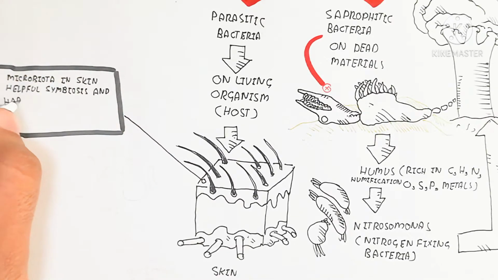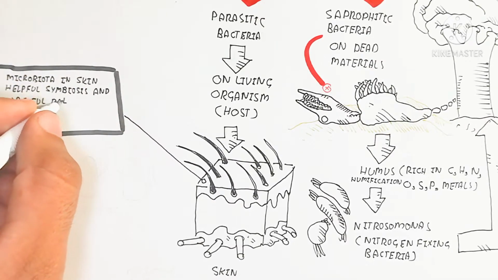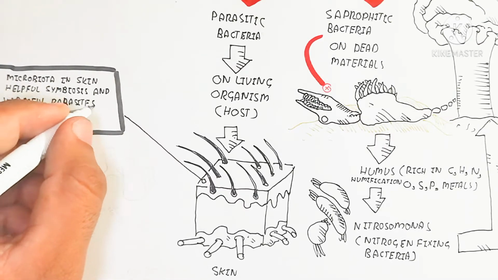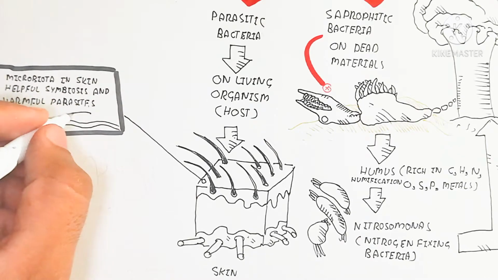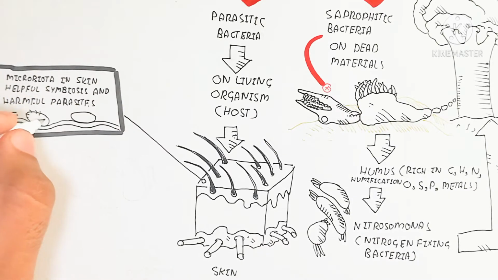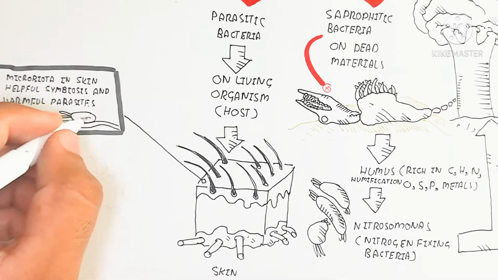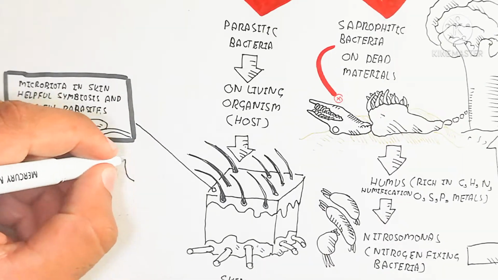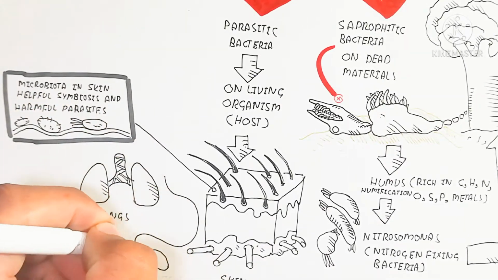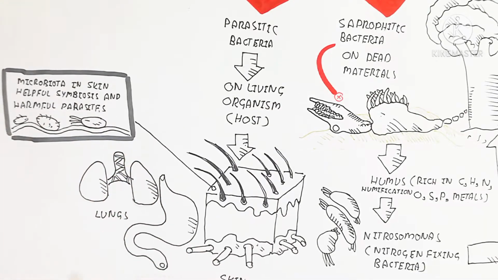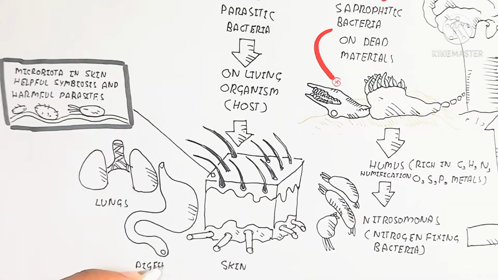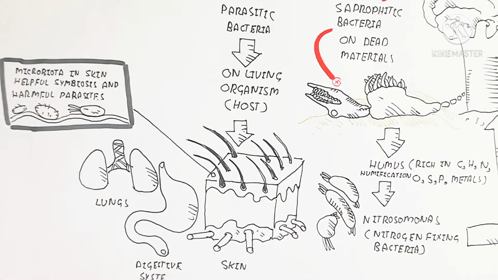The microbiota in skin includes helpful symbionts and harmful parasites. Some bacteria provide immunity, preventing disease-causing agents, so bacteria are helpful for us. In our digestive system, the microbiota in our gut also protects us and provides short chain fatty acids for health.